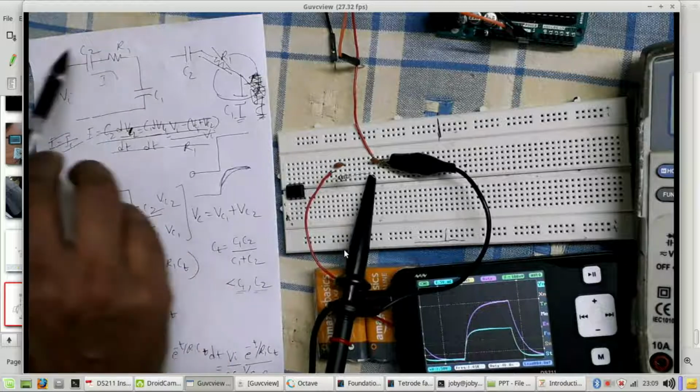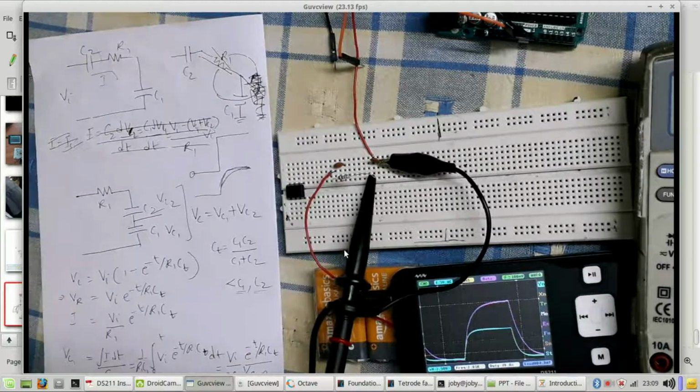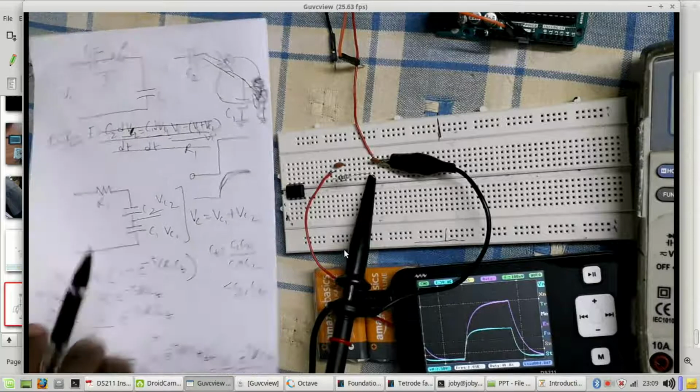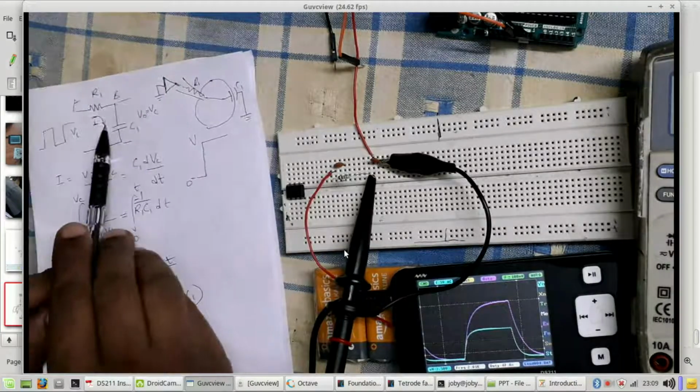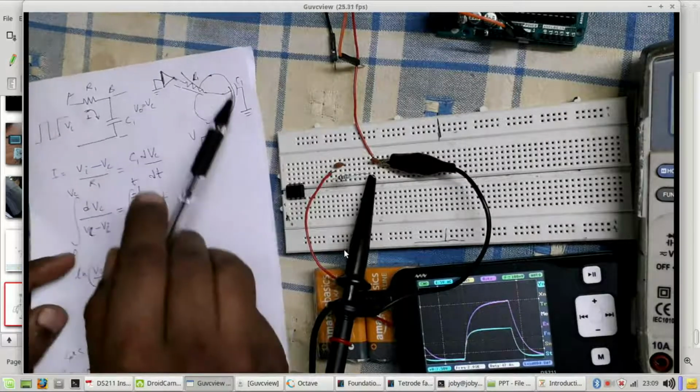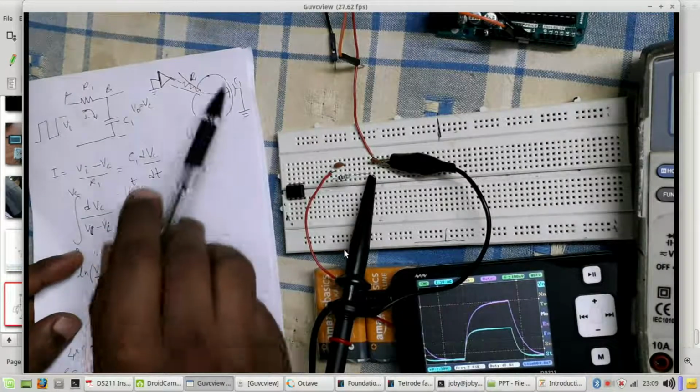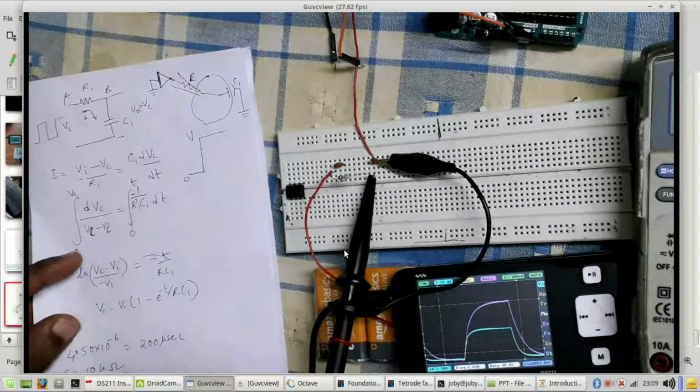But the basic principle of capacitance compensation is demonstrated by this circuit, and the effect of that compensation can be seen here. So we have in short summed up the basic RC circuit, which represents the circuit in the cell and the pipette.